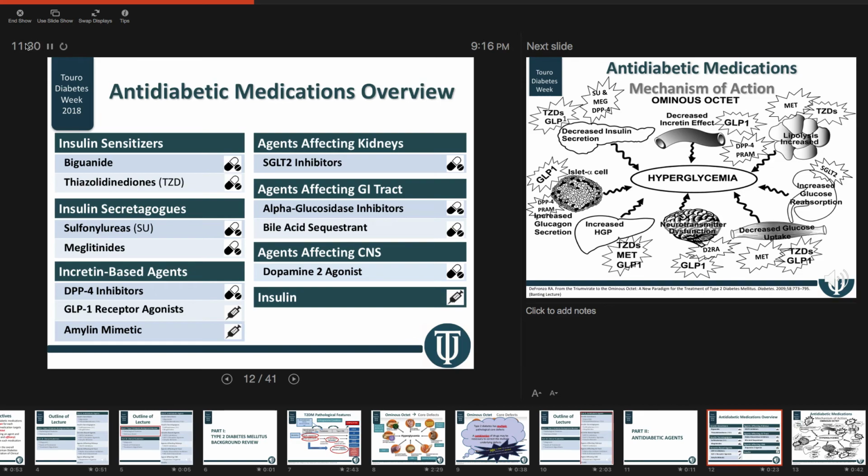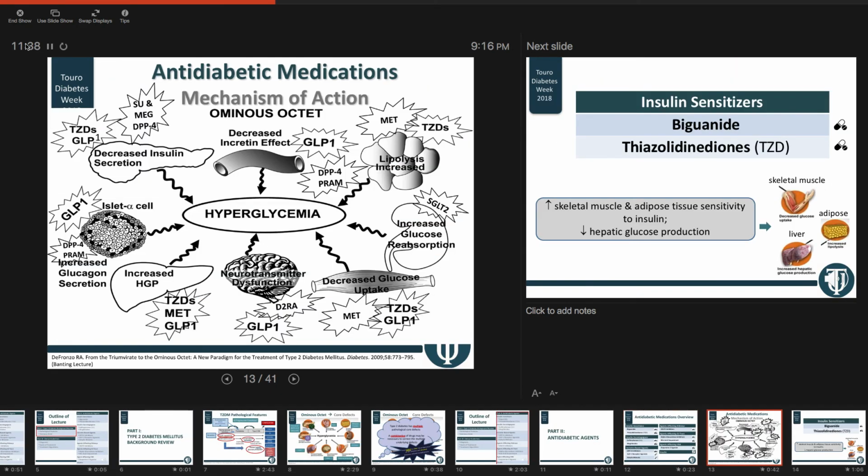If you see pills, that means they're oral, and if you see a syringe, that means they're injections. As I mentioned earlier, we use the Ominous Octet as a way to help categorize all the different classes of medications. I will touch on every single one later on.